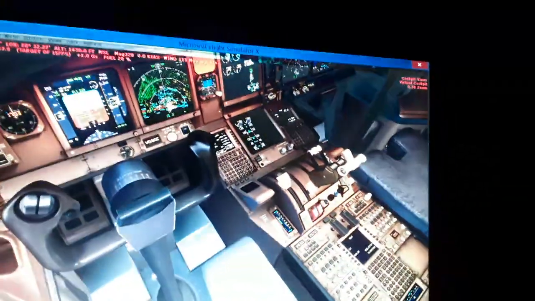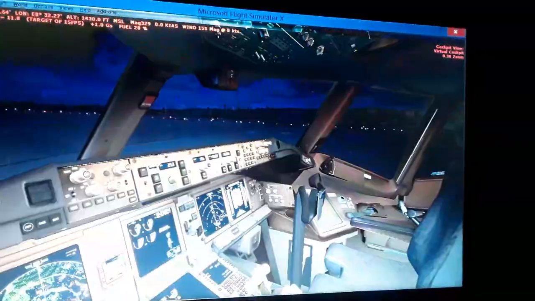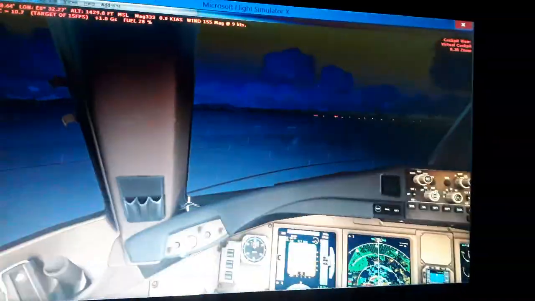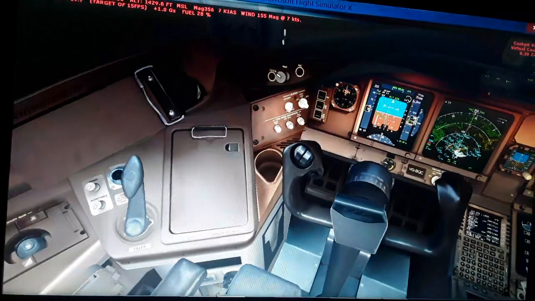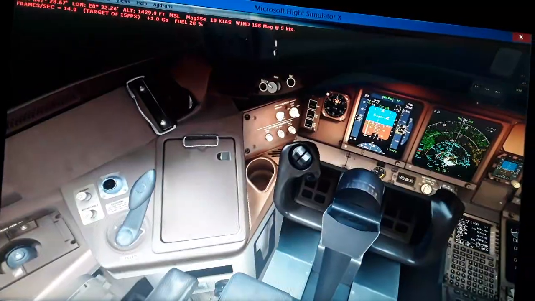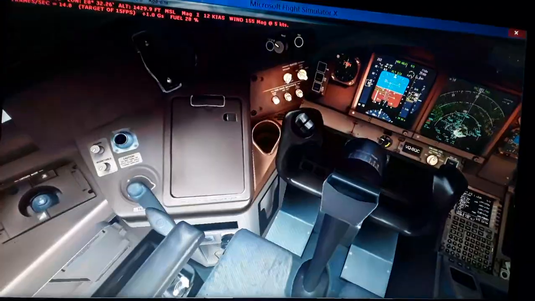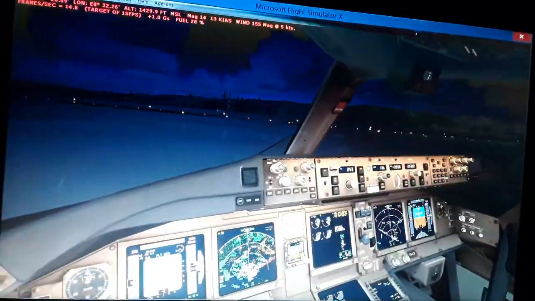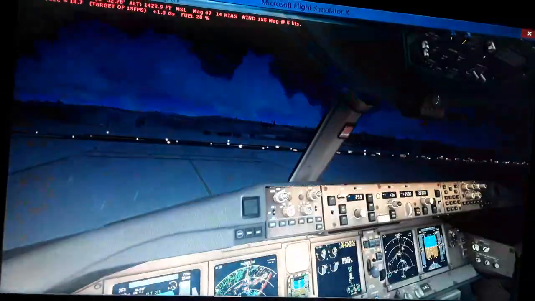So parking brakes disarm, advance the thrust levers, we take the clearance for takeoff from the air traffic control. So we use also the tiller, the nozzle steering here, and the rudder pedals. So you see how we turn the aircraft.